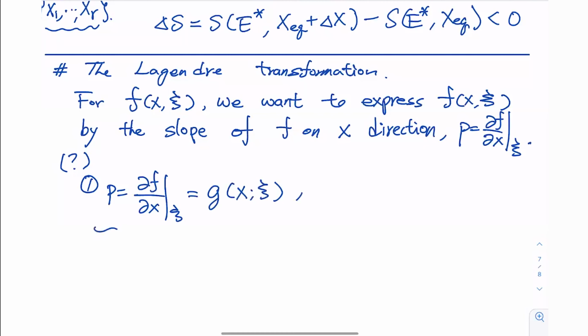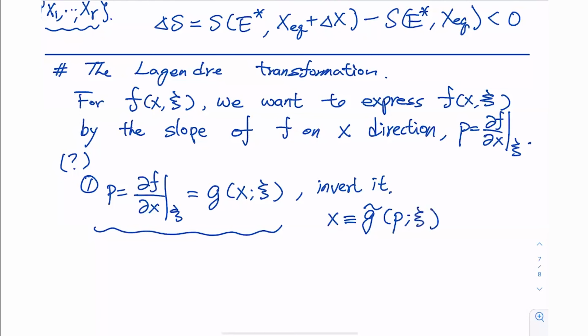Once we have this relation, we can invert it. Then we get an expression for the x coordinate as some kind of function, let's call it g tilde, now with the variables p and the parameter c.